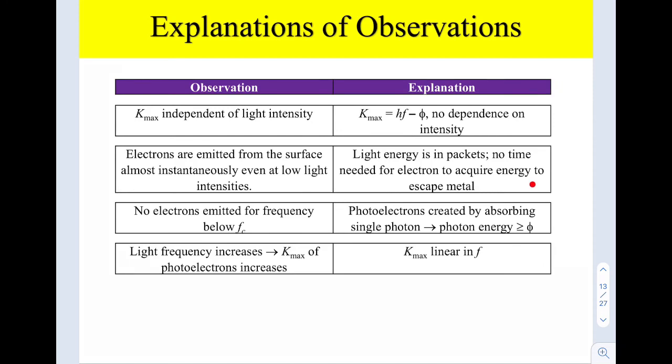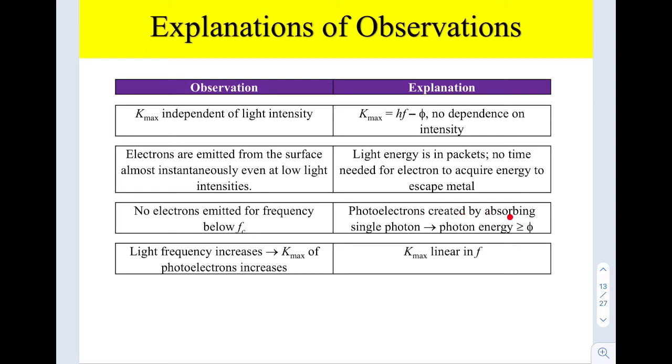So no time is needed for an electron to acquire energy to escape the metal. If the wavelength and frequency are correct, it is going to be ejected immediately. No electron is emitted for frequency below the critical frequency or cutoff frequency fc.